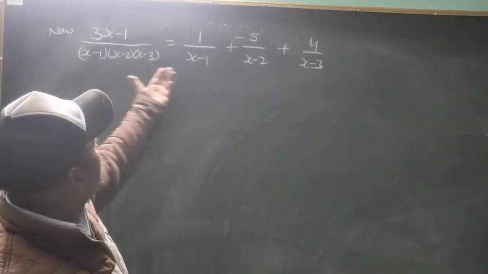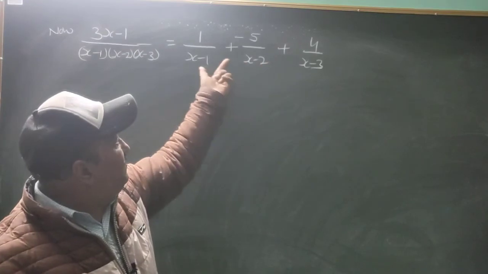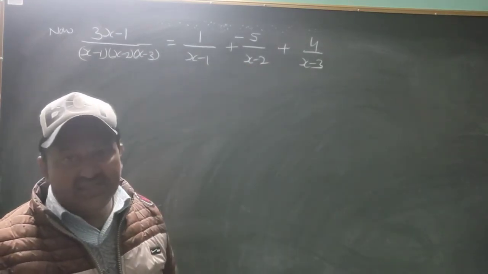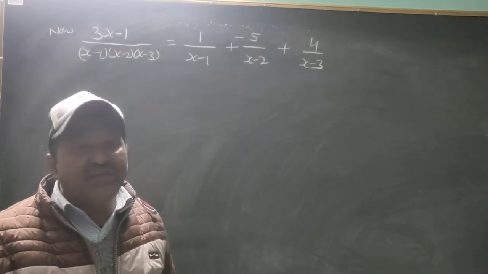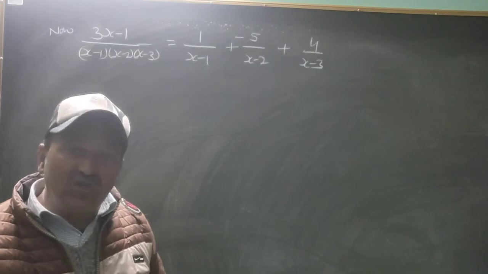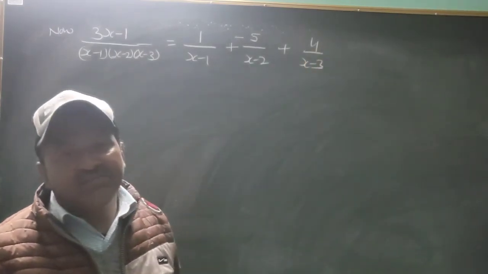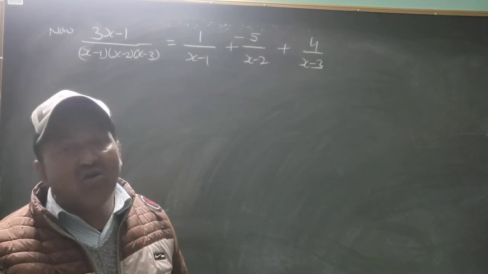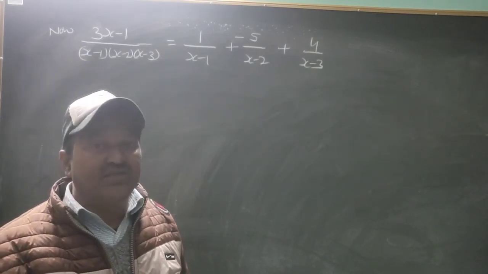Now this question is converted into these simple fractions. We can find their integration very easily. Integration of 1 upon x minus 1 is log of modulus x minus 1. Integration of 1 upon x minus 2 is log of modulus x minus 2. And integration of 1 upon x minus 3 is log of modulus x minus 3 plus constant of integration C.